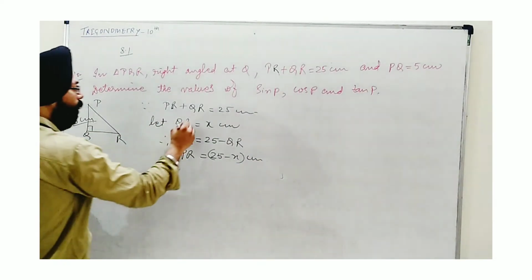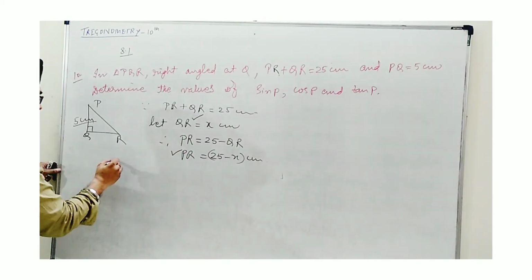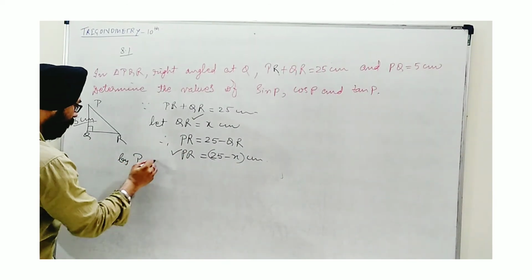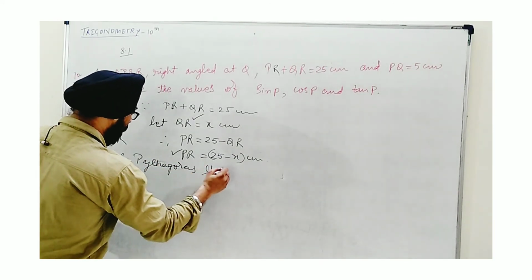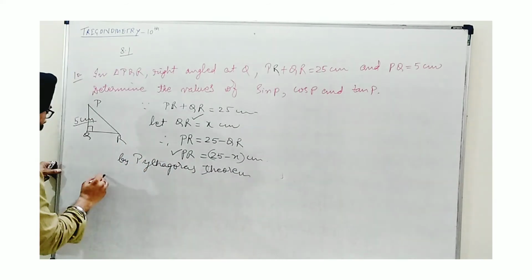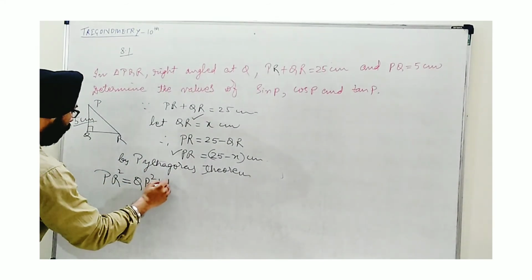Now we have obtained QR and PR in terms of X. By Pythagoras theorem, PR square is equal to QR square plus PQ square.